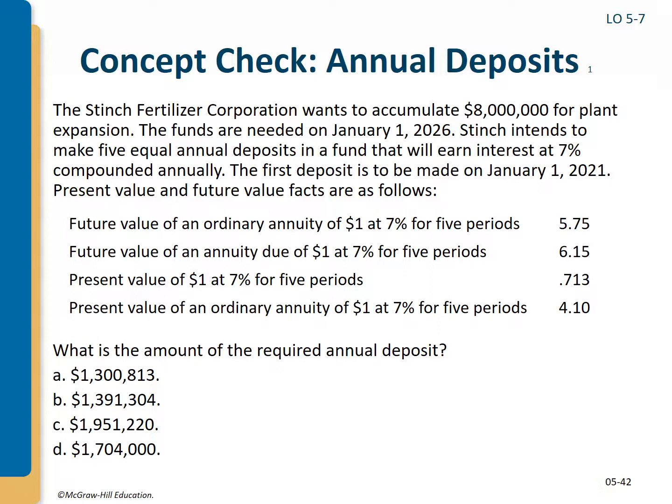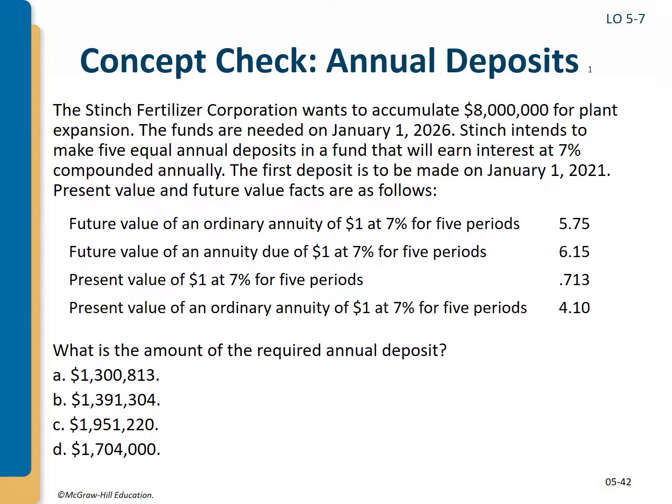The first deposit is to be made on January 1, 2021. So there's the first one on my little timeline right above 2021, January 1. I put 1. And then the second one will be made January 1st, 2022. The third one, January 1st, 2023. The fourth one, January 1st, 2024. And the fifth one is January 1st, 2025.